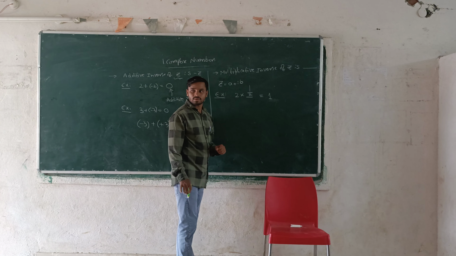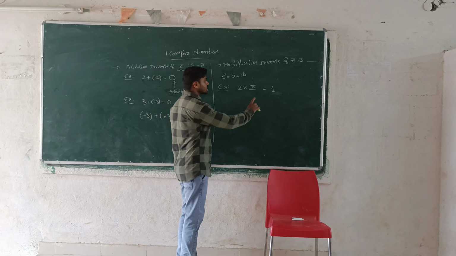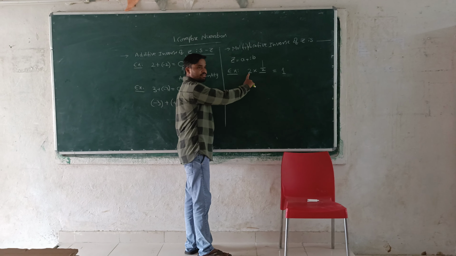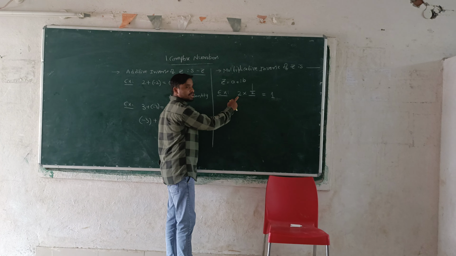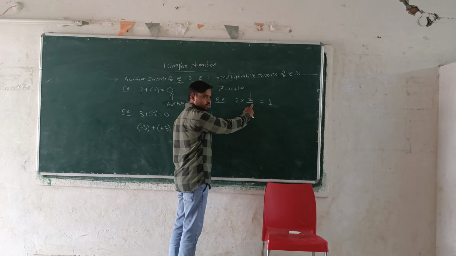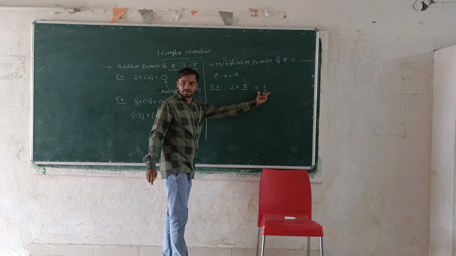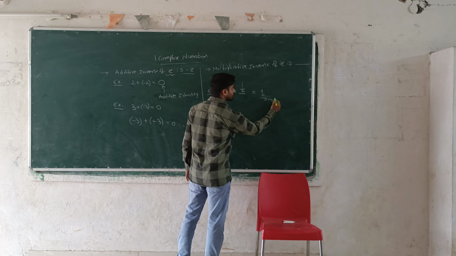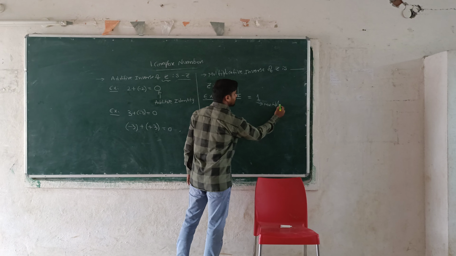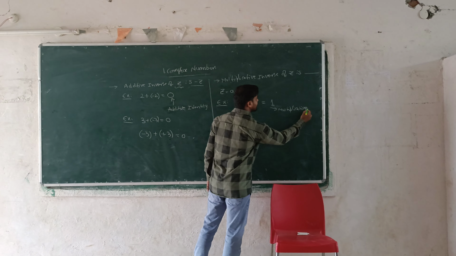Yes or no? So this 1 by 2 is called the multiplicative inverse of 2, and 2 is called the multiplicative inverse of 1 by 2 because you get 1 here. So this 1 is called the multiplicative identity.